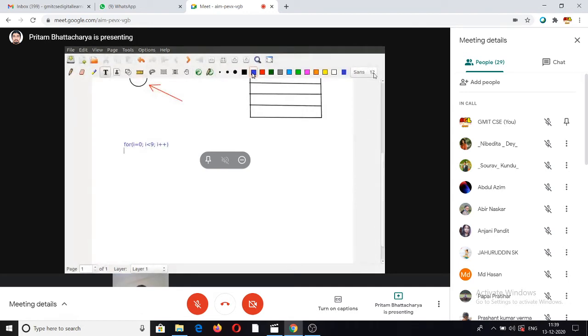Usually after the for you put the body within braces. Then you have a nested loop, for j equal to 0, j less than 9, j plus plus, and again you have the body for the nested loop. And then you may also have a separate for loop at the end on some other variable, let's say for k equal to 0, k less than 8, k plus plus, and again you have a body for this loop.